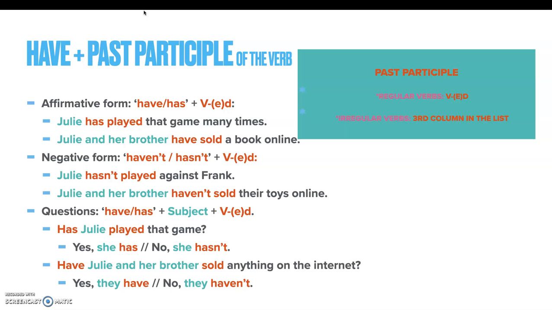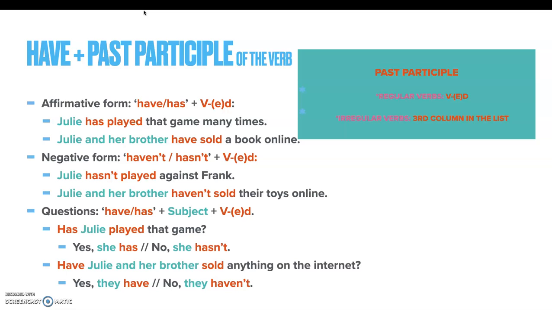To form the present perfect simple, we need the auxiliary verb have and the past participle of the verb. We have to put the verb have in the present. So it has two forms: have for all subjects except for third person singular, and has for the third person singular.